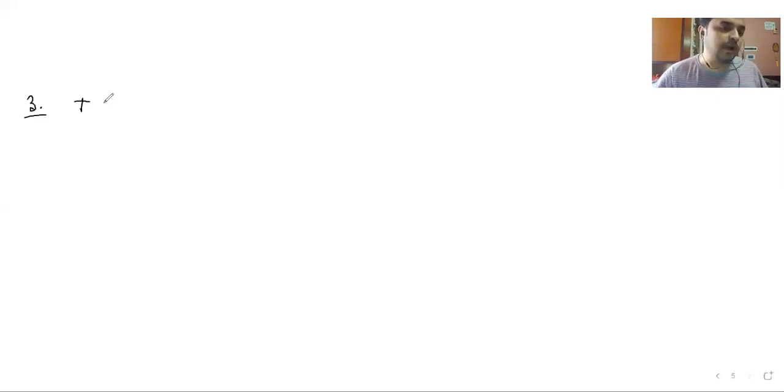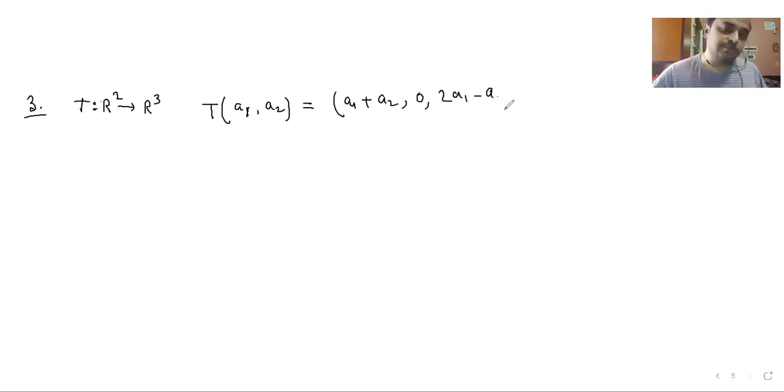T: R2 to R3 defined as T of (a1, a2) equals (a1 plus a2, 0, 2a1 minus a2). This is problem number 3. We have to show the same things over here. First of all, you have to check whether T is linear or not. It is your homework.